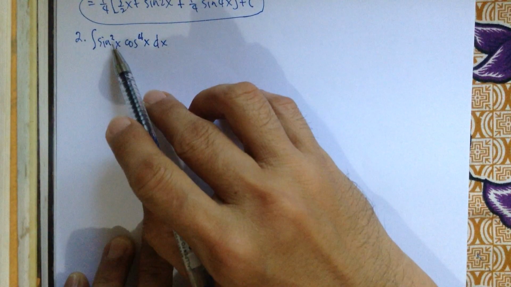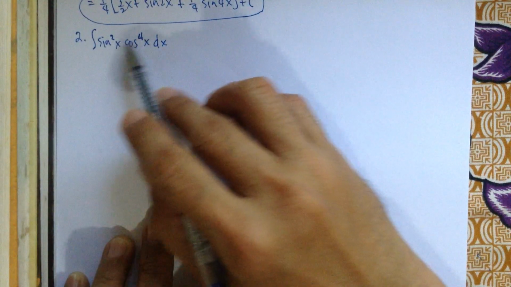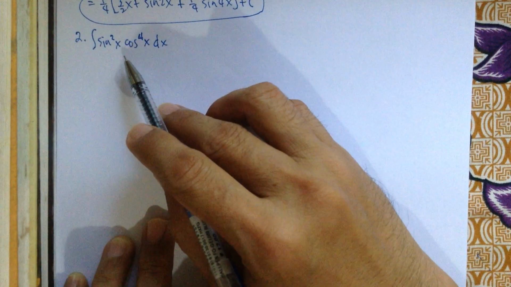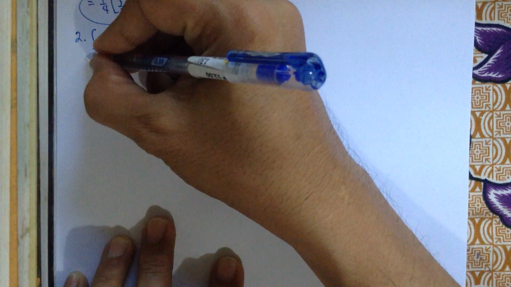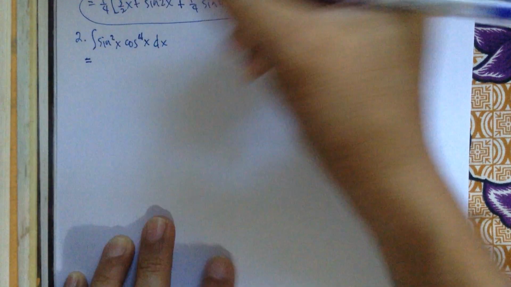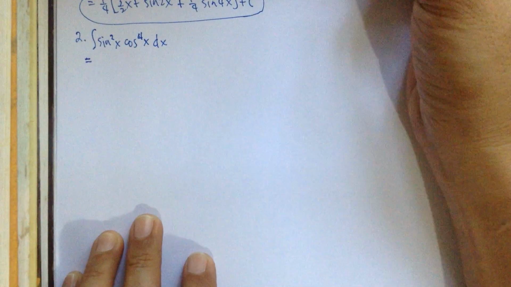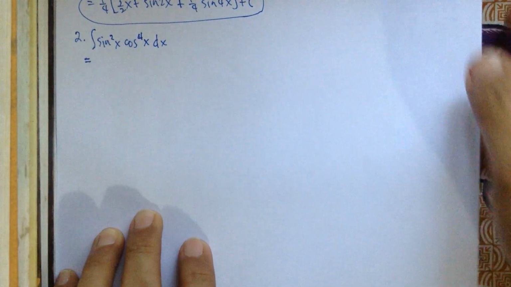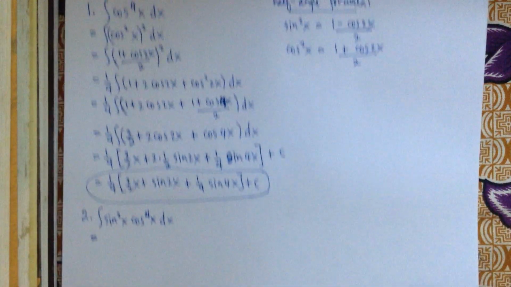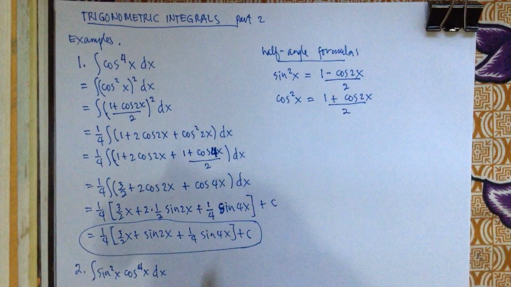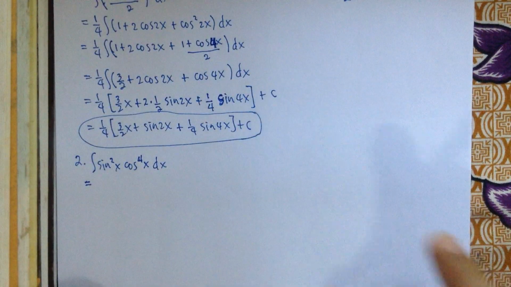So we have a case where both exponents are even. So how do we write this in the form where we can evaluate the integral easily? We'll use again the half angle formula, okay, for both of sine and cosine.